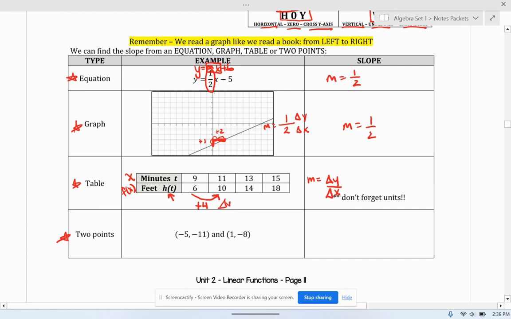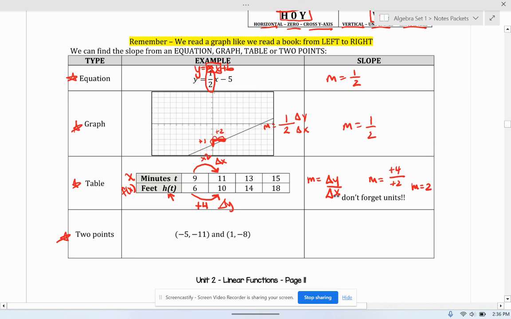That's my change in y. And then now I'm going to find my change in x. How much does it take to get from 9 to 11? You add 2. So my slope is equal to my change in y, which was plus 4, over my change in x, which was plus 2. 4 divided by 2 is 2.